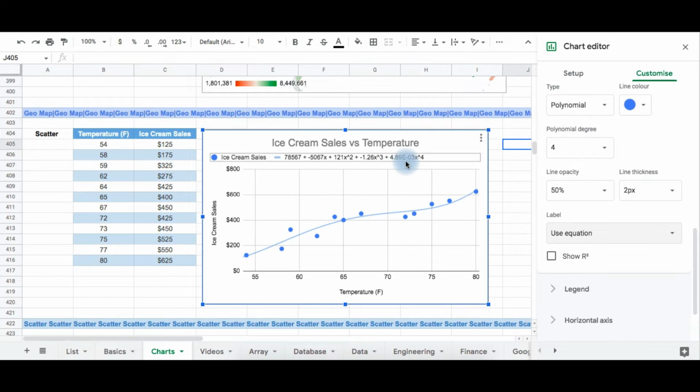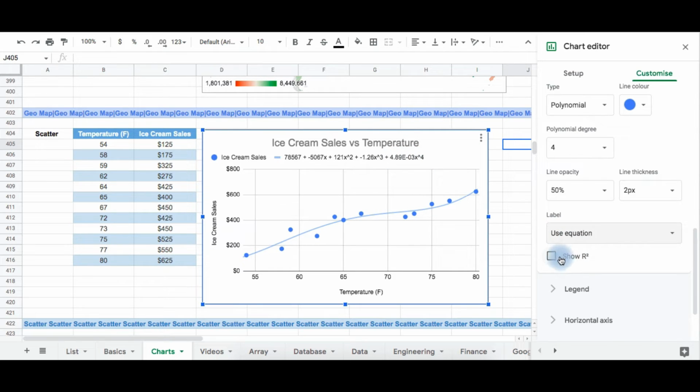And in case you don't know what this e means, this is 4.89 times 10 to the power of minus 3, and all that times x to the power of 4. So that's what this value is.